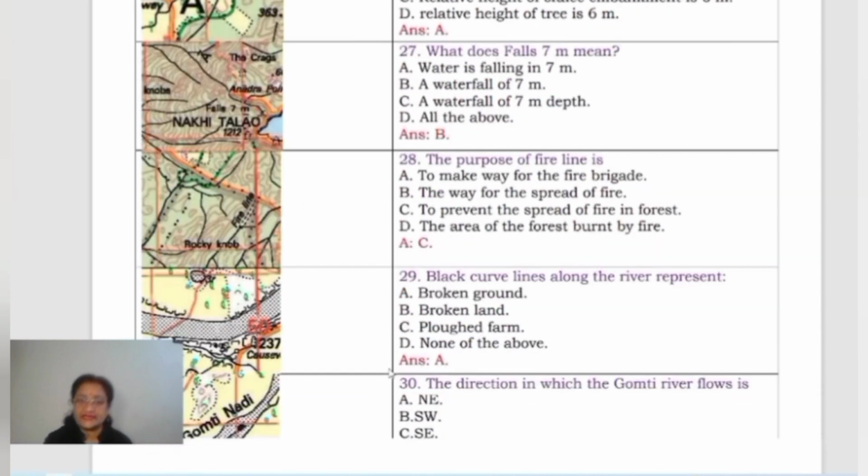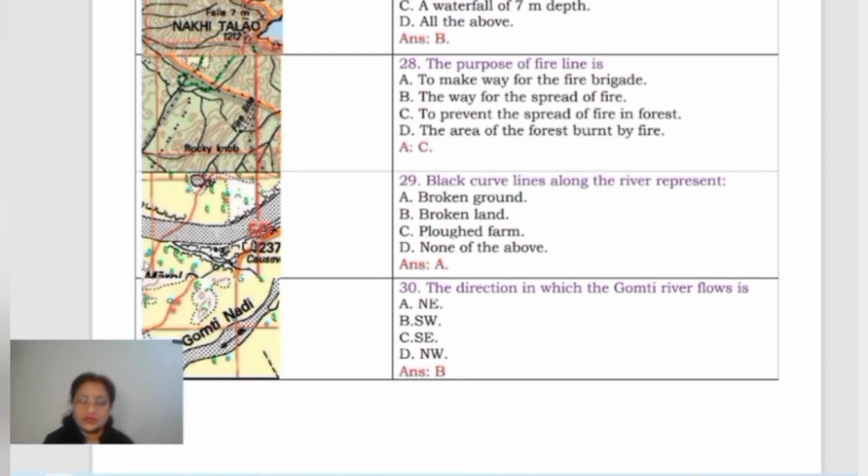Now let's move to the next one. The picture which is shown here, here you can see a fire line has been written. The words are mentioned here, fire line. What does this indicate? What is the purpose of it? It is actually a space which is left between two forested areas.